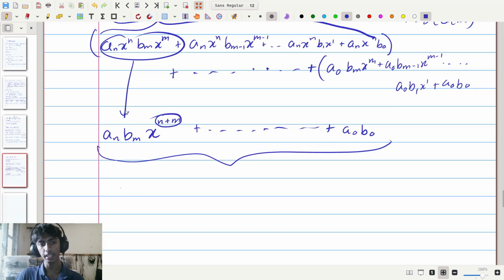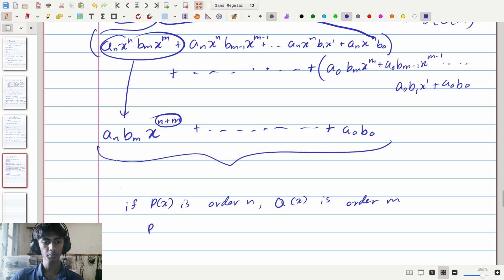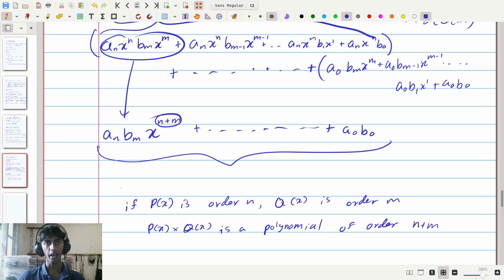So I'll write that down as a theorem. If p(x) is order n, q(x) is order m, p(x) multiplied by q(x) is a polynomial of order n plus m. The highest power is now n plus m.